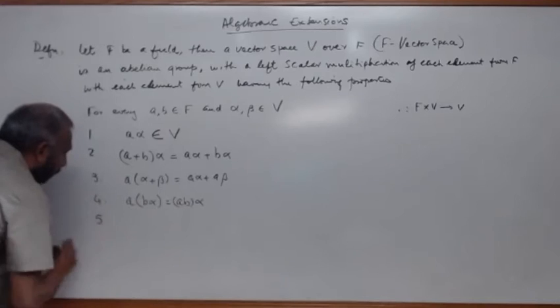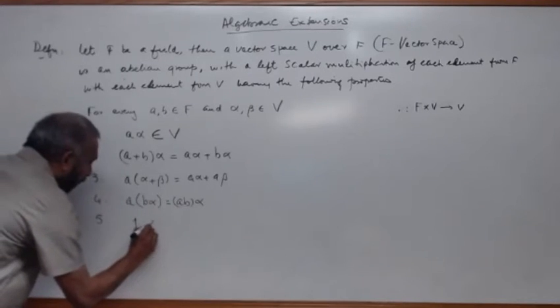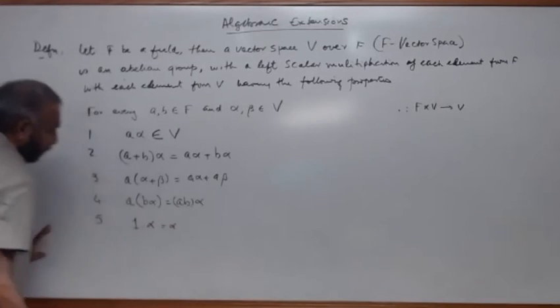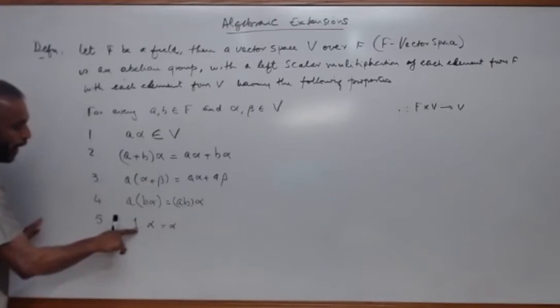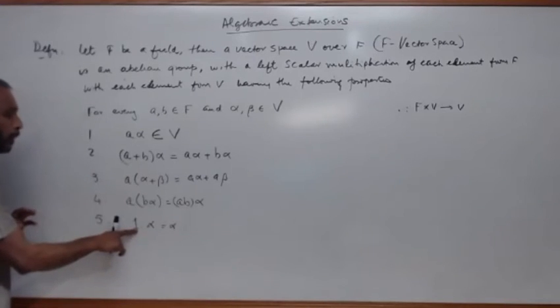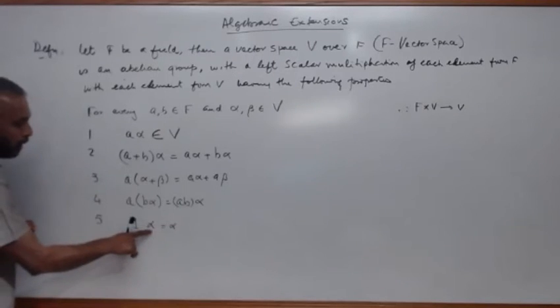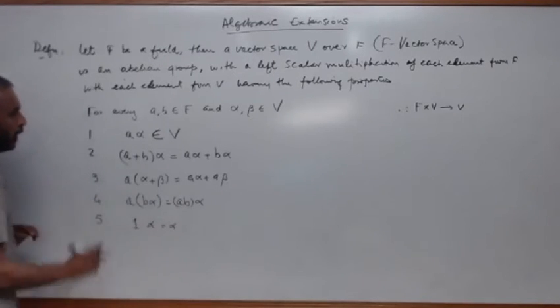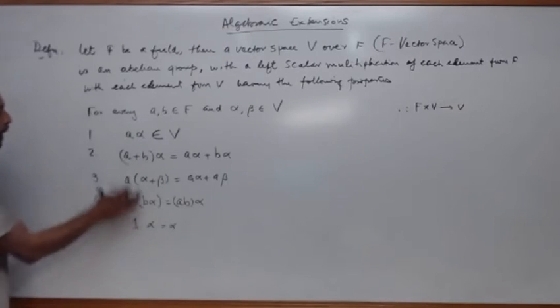And fifth, 1 times alpha is equal to alpha, where 1 is the multiplicative identity in F. So these are the properties of the scalar multiplication.